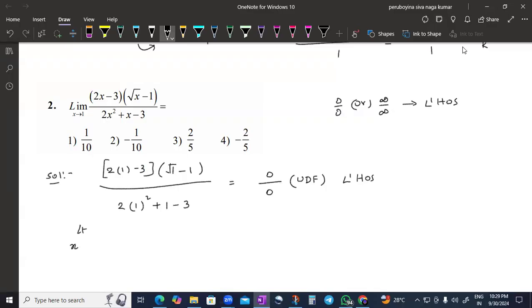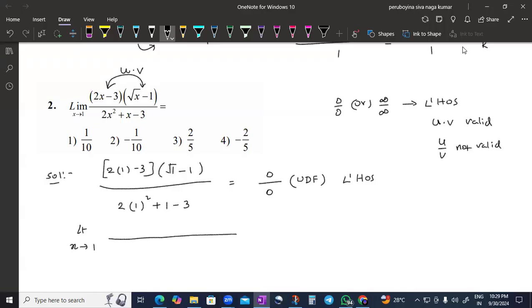So according to that, limit x tends to 1. You can see these two functions are in multiplication, so you can use the u into v formula. In L'Hospital's rule, the u into v formula is valid, but u by v is not valid. Why is it not valid?